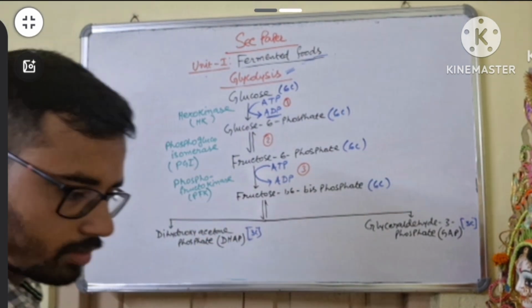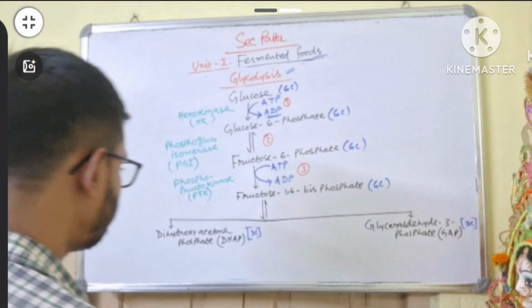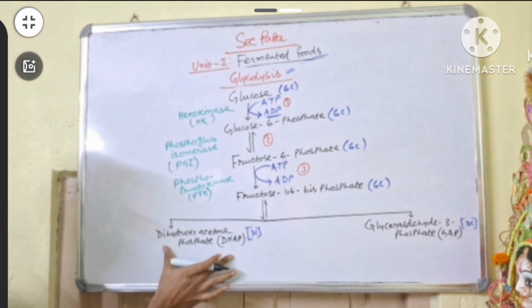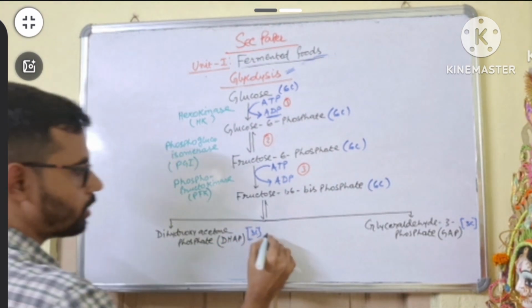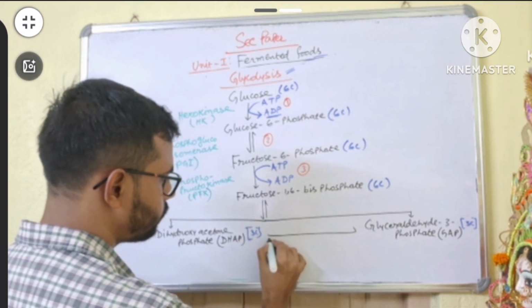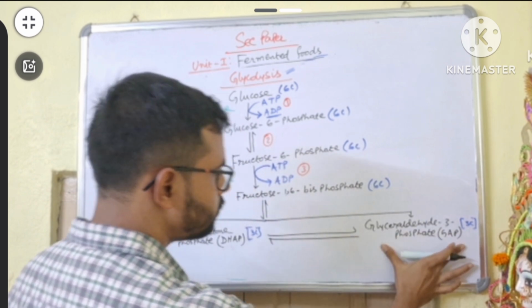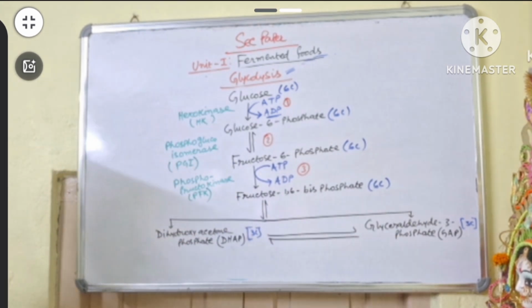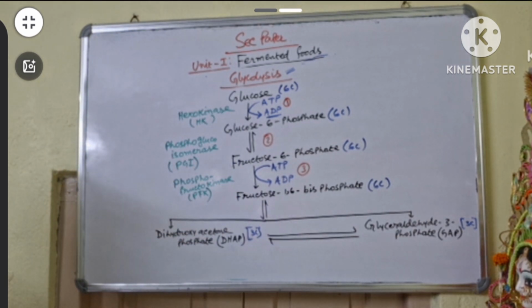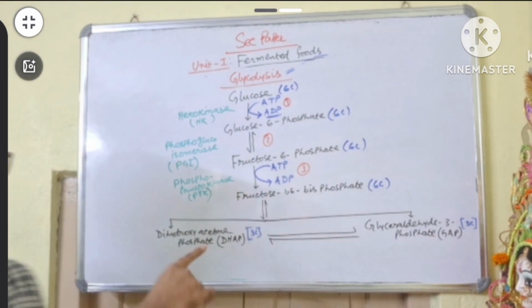Next reaction, this DHAP molecule, dihydroxyacetone phosphate, is converted into GAP, glyceraldehyde 3-phosphate. So no DHAP molecule is left now, and two molecules of GAP are formed after this reaction.